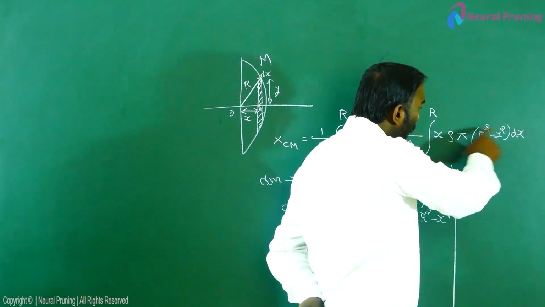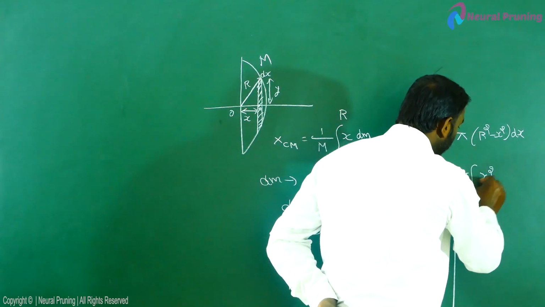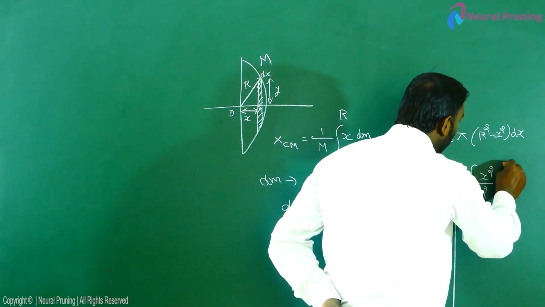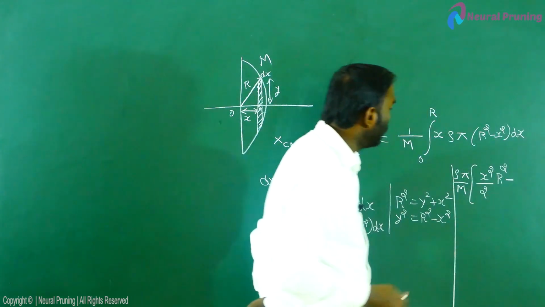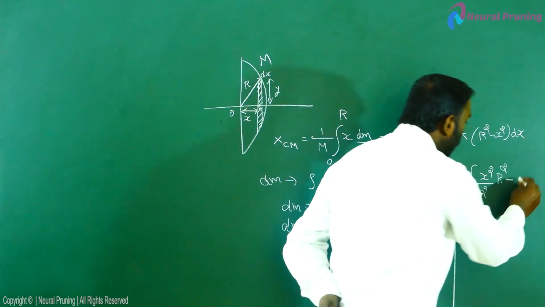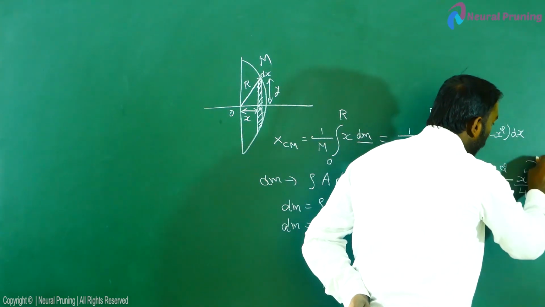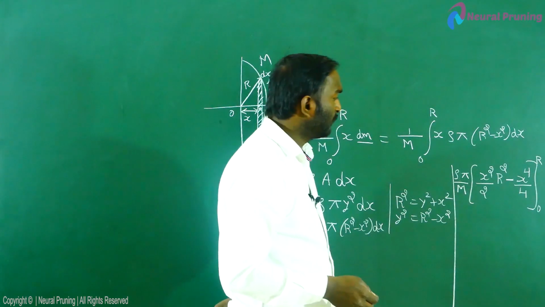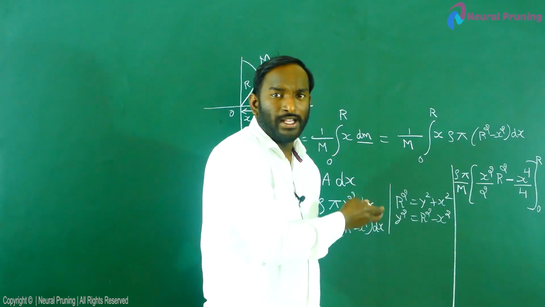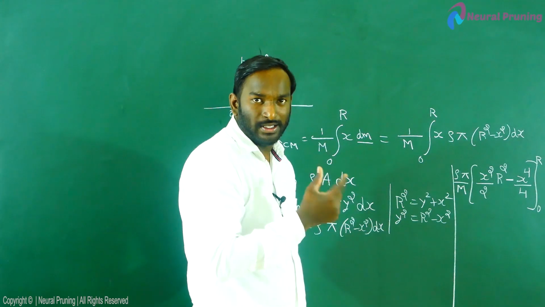Integration of x dx is x square by 2 into R square, minus integration of x cube dx, which is nothing but x to the power 4 by 4, from lower limit to upper limit. Use the integration of x to the power n dx formula, x to the power n plus 1 by n plus 1.